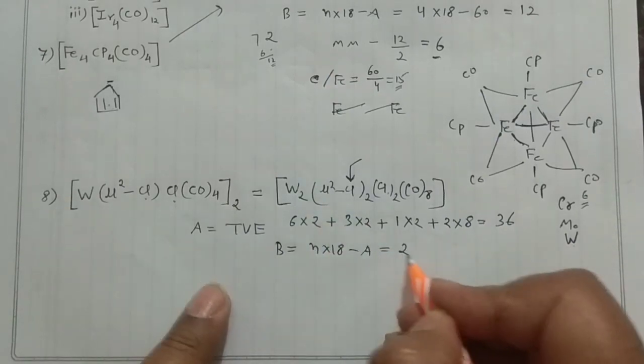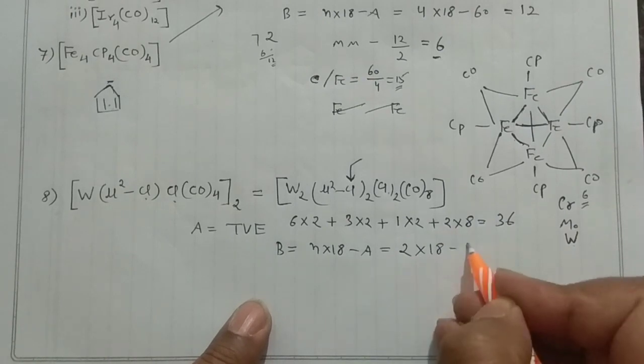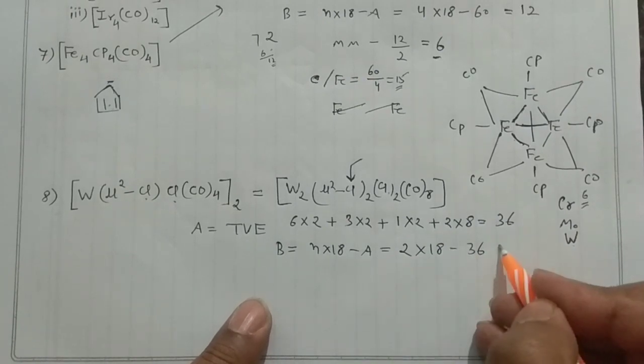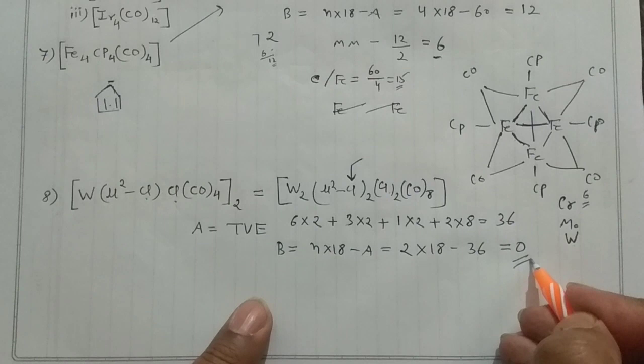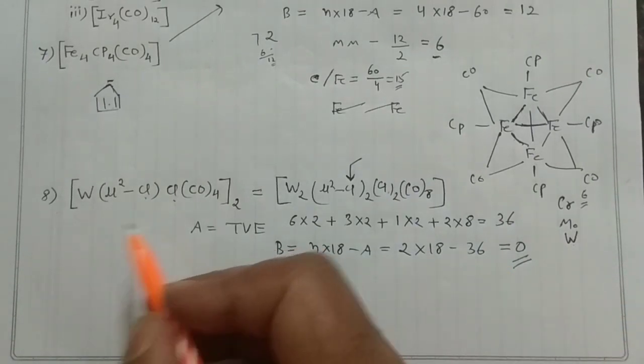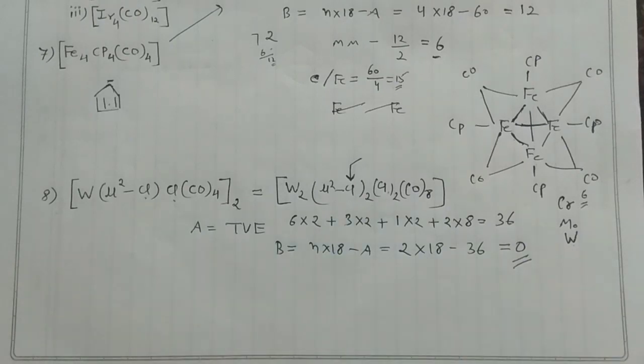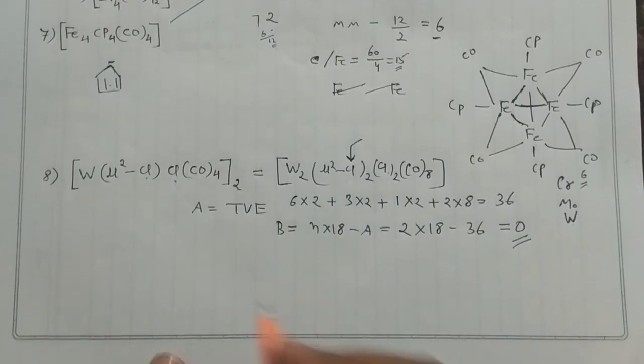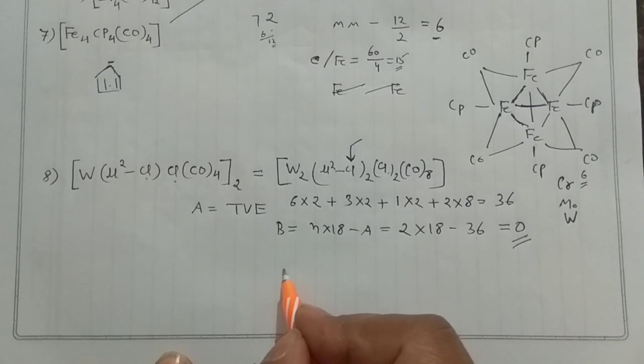How many tungsten? 2 tungstens are there, 18 times 2 is 36, and 36 minus 36 is 0. So 0 means no tungsten-tungsten bond would be there. No tungsten bond.